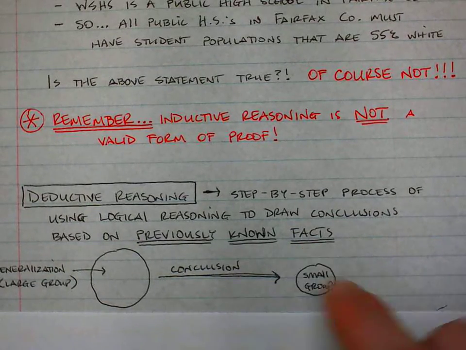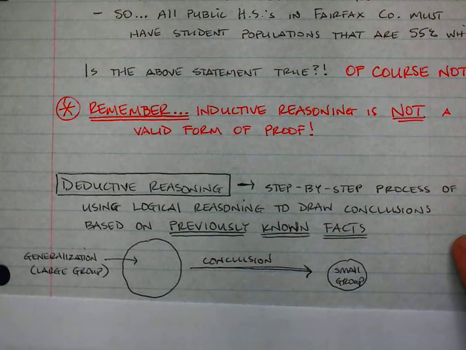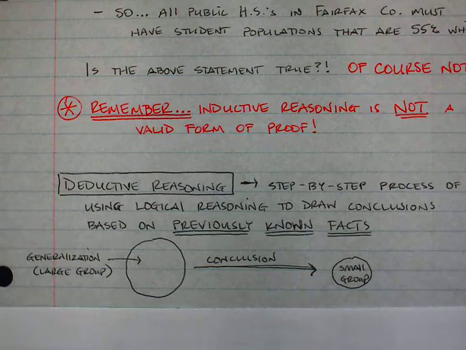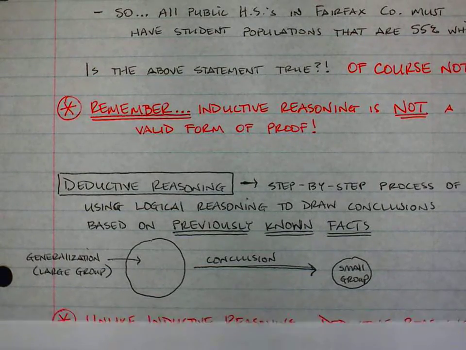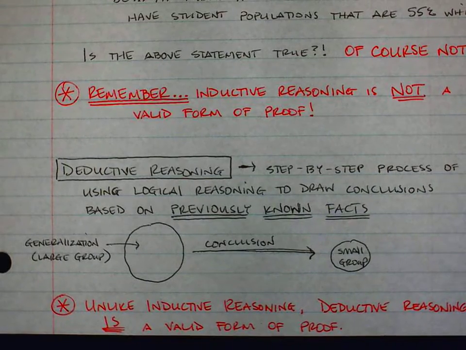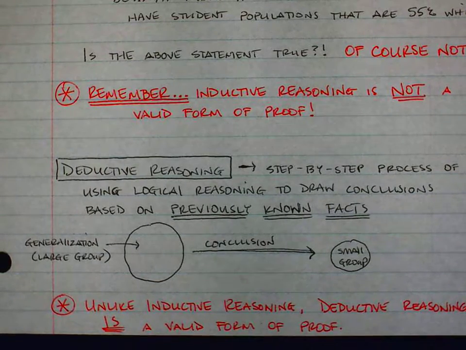Here we're taking previously known facts we have from a larger population, using it to draw a conclusion about a smaller group. Particularly noteworthy here, unlike inductive reasoning, deductive reasoning is a form of proof, and you guys are going to see why inductive reasoning and particularly deductive reasoning is important to us as we get into some of the work when we get to topic 6.